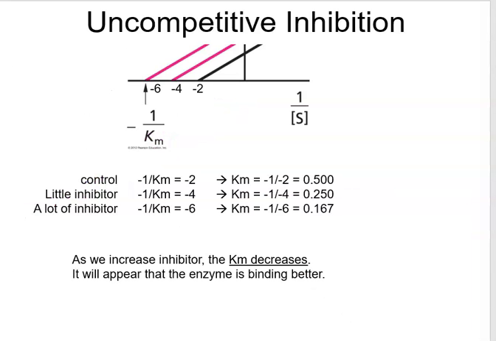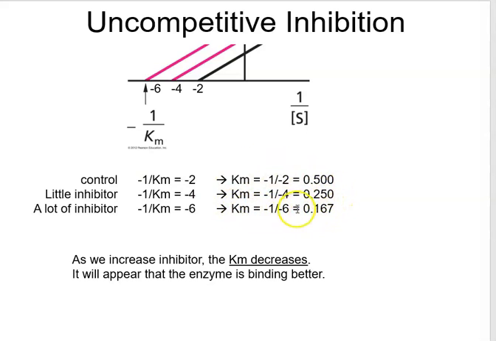To look at this, let's just look at the control example. If we have a negative 1/Km value equals -2, right? That apparent Km would be 0.5. So that would be for the control. Now, if we get to a more negative number, the negative 1/Km equals -4. That gives us a 0.25, and then this Km value 0.167.